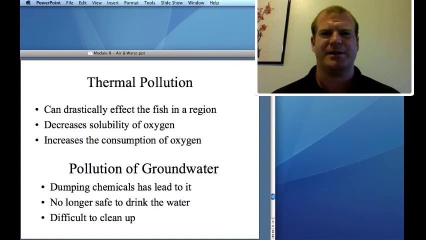And the worst case scenario that can happen is if the groundwater gets polluted. We in Hawaii, at least on Oahu, more or less drink straight spring water. Other areas, Maui for instance, chlorinate the water, but here on Oahu we're very unique in that we don't purify our water, and we don't chlorinate the water.